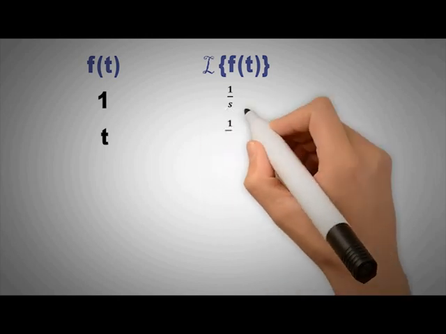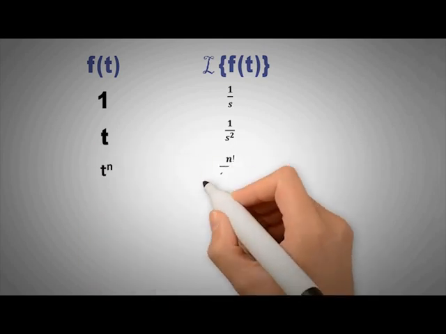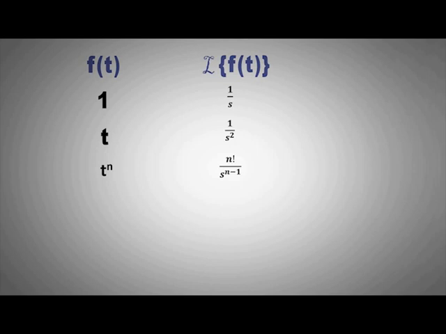Finally, we have summarized the standard results for the following. Laplace transformation of 1 is equal to 1 upon s. Laplace transformation of t is equal to 1 upon s squared. Laplace transformation of t to the power n is equal to n factorial divided by s to the power n plus 1.